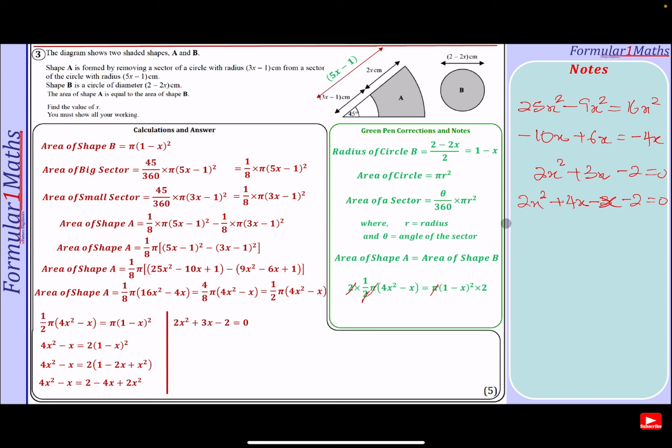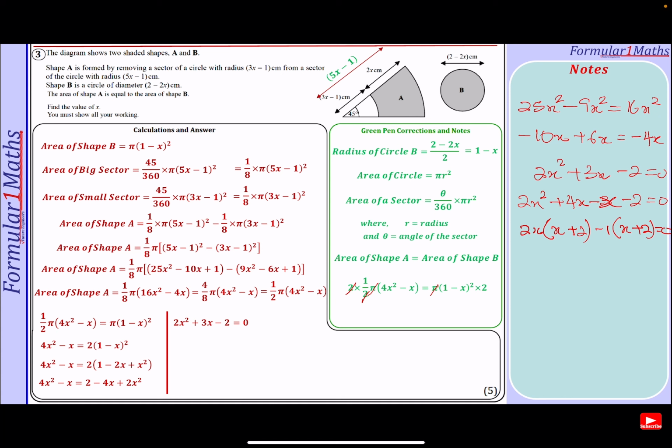If I factorize these two here, I will get 2x out, brackets x plus 2, and then minus 1 out, and I'll get x plus 2 here equals to 0.